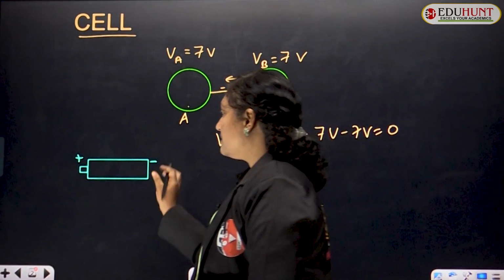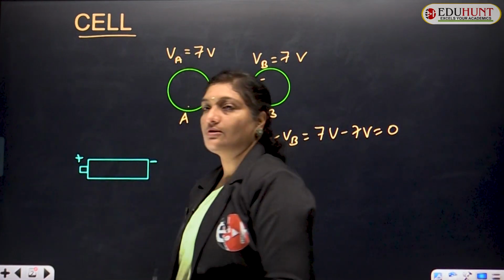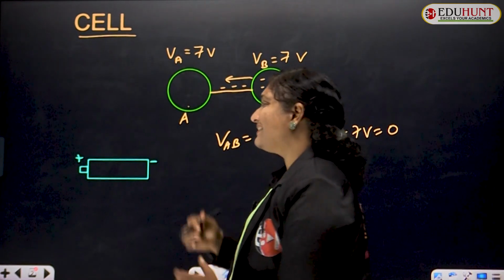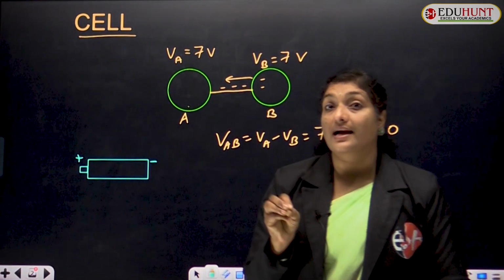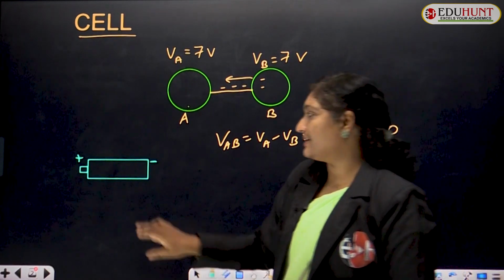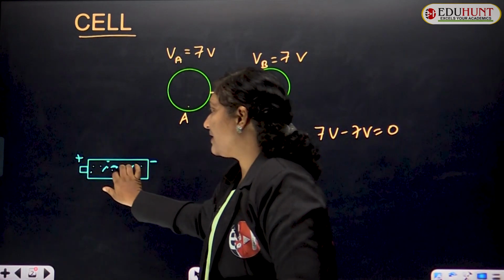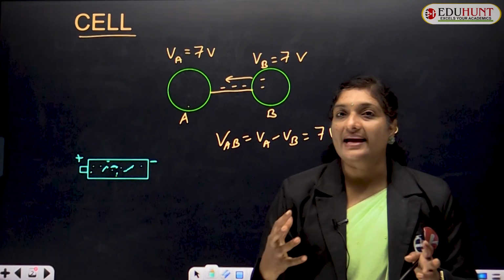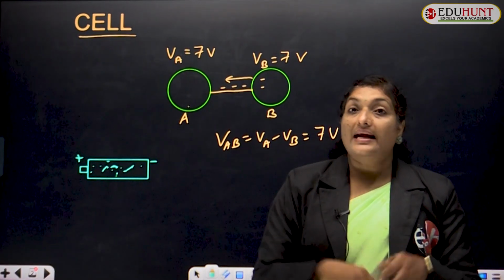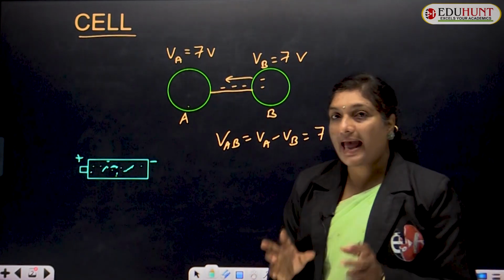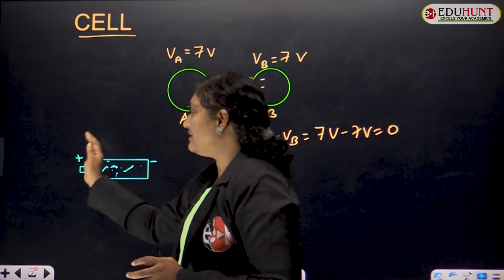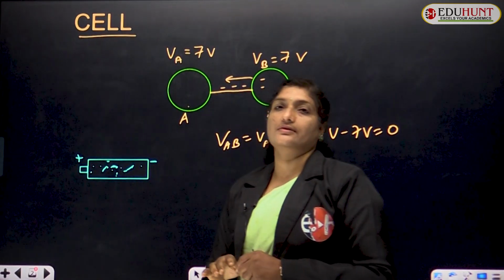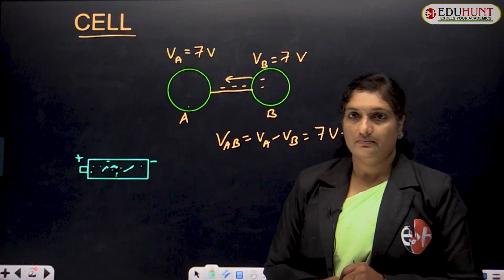So as a result, it maintains some potential difference across its two terminals. What exactly does a cell consist of? A cell consists of some chemical inside. Because of this chemical, some reactions take place. And these reactions gather all the positive charges to one side, whereas all the negative charges to the other side.